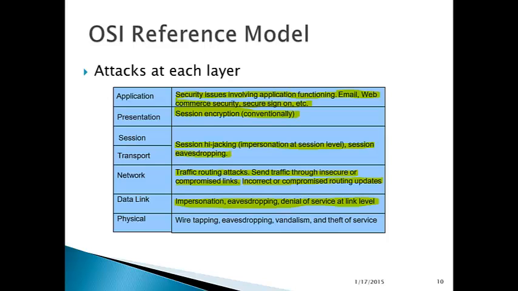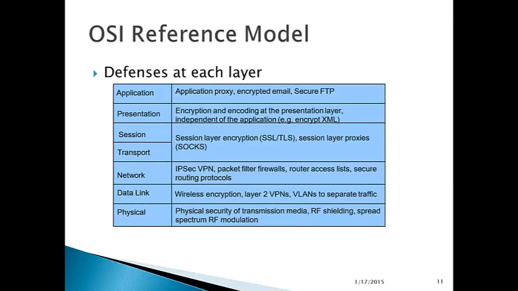The physical layer actually involves physical wiretapping and eavesdropping, listening in on a radio signal or tapping into a wire. Vandalism, breaking the actual equipment, and theft of service, using a network that you're not entitled to use by inserting yourself onto the network itself. So for each layer of the OSI model, you've got different types of malicious attacks that you need to guard against. And of course, at each layer, you've got defenses.